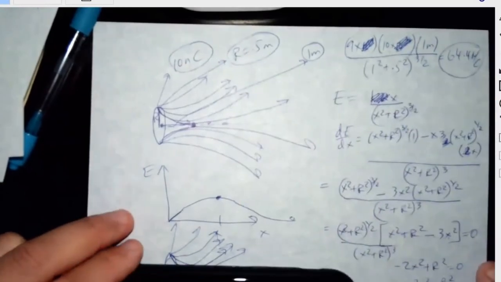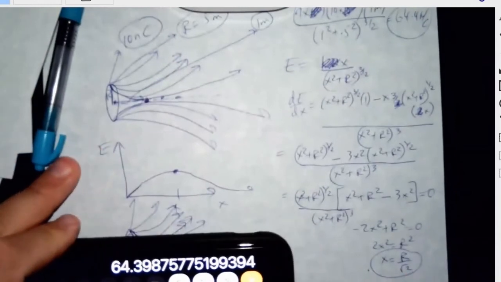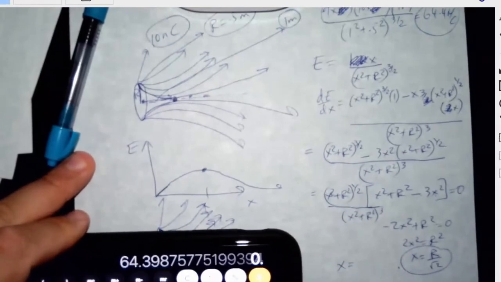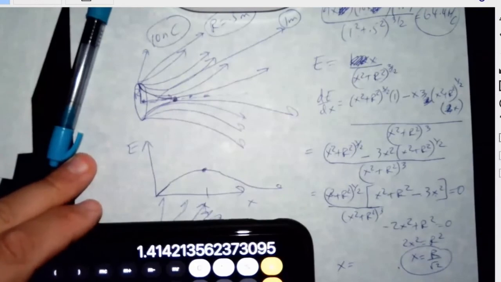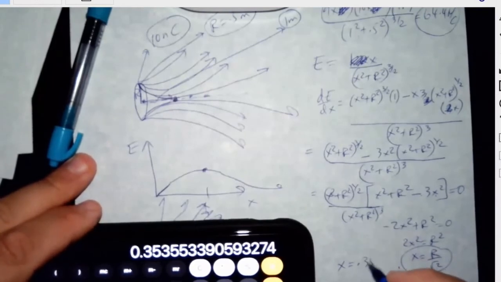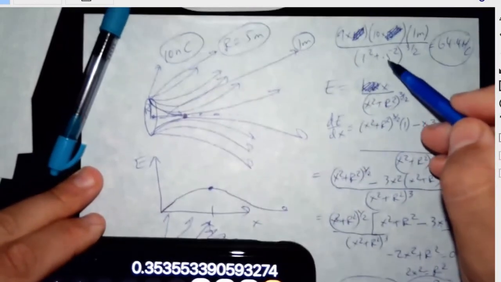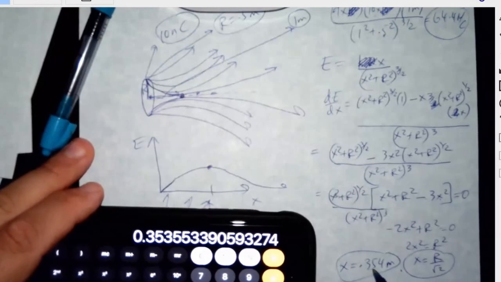What would be the maximum value of the E field for that ring? So then we know that the maximum value occurs at r over root 2. So 0.5 over root 2. 0.354 meters. You see, so here the E field at 0.5 is 64. So I'm assured by doing my derivative that the E field at 0.354 is going to be larger than 64.